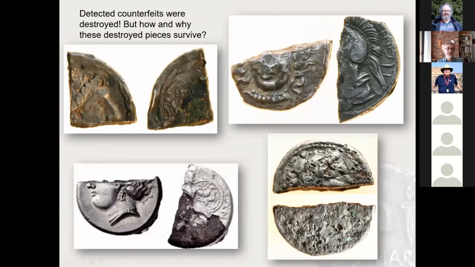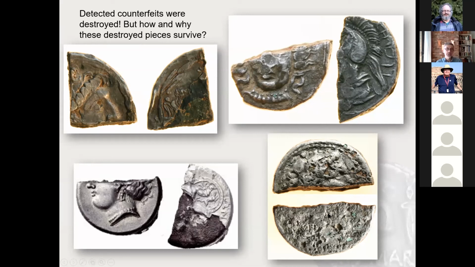Since I'm interested in these ancient counterfeits, I tried to collect them. These three examples are in my collection, and I published this in my SNG. I think it's a legitimate item to publish so that people have an idea about these coins.